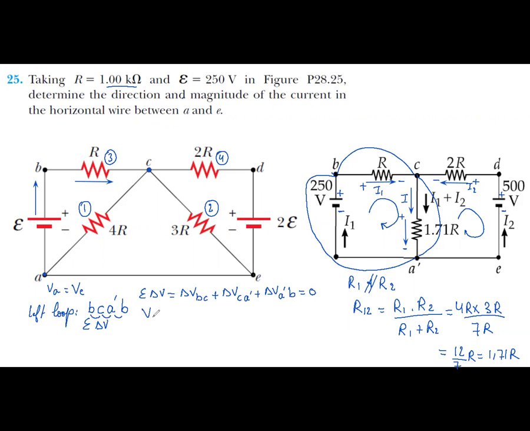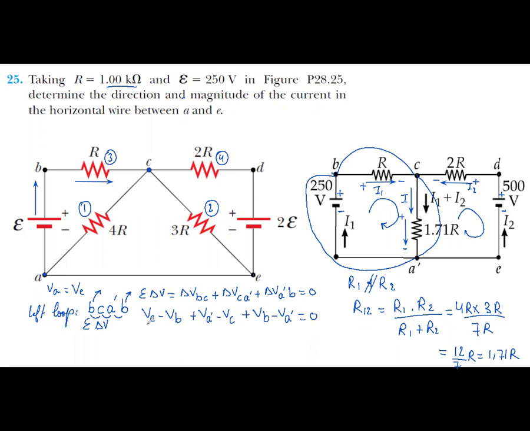V final minus V initial, V final minus V initial, V final minus V initial equals 0. Okay, we start by B and we finish by B.